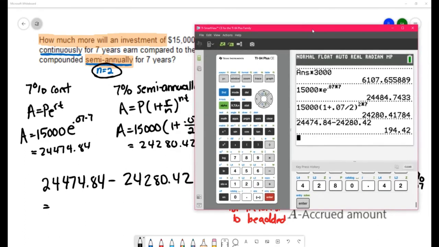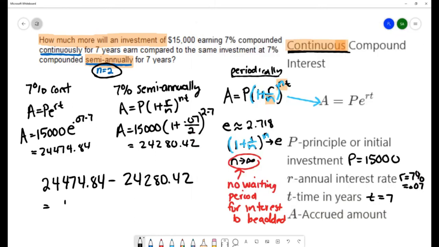So we make $194.42 more by investing in an account compounded continuously rather than one compounded semi-annually.